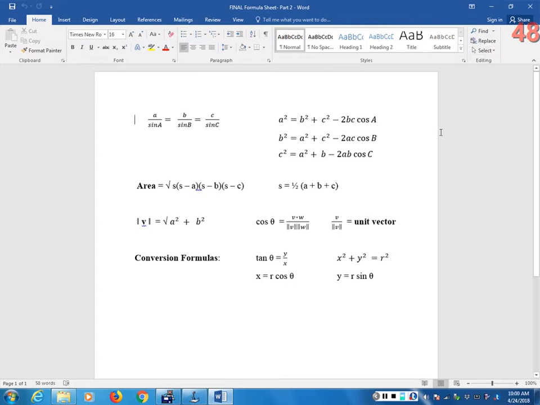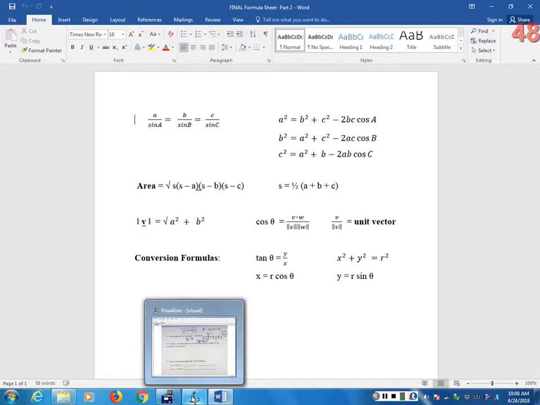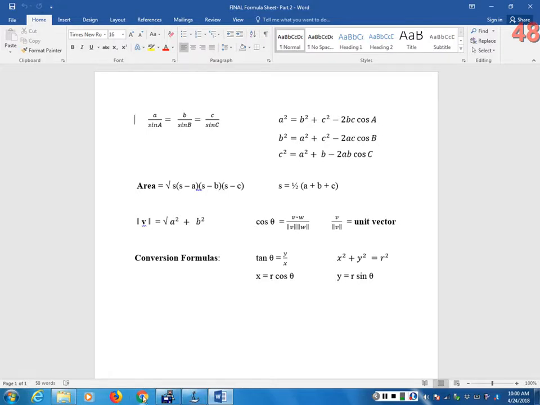This is the extra formula sheet you get. So you get the one that you used for test 3, and you get this one. So that's what you get. So at least you don't have to memorize these things. So I'm going to post that in Shelby.